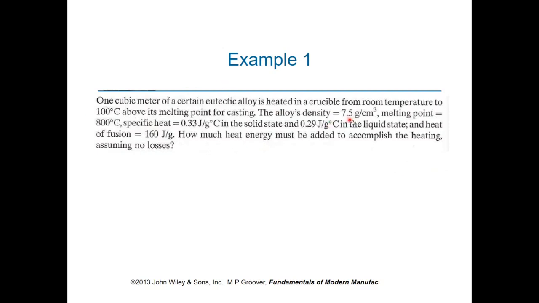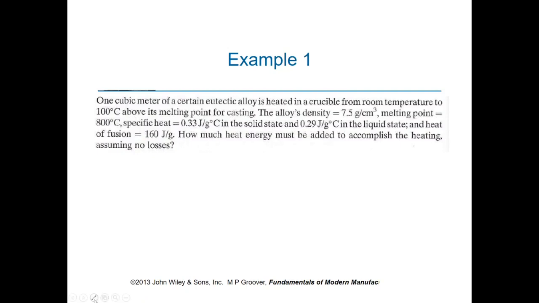The alloy's density is 7.5 gram per cubic centimeter. Melting point is given as 800 degrees C. Specific heat, CS, is given, and also in the liquid state, CL is equal to 0.29. Heat of fusion, HF, is also given.